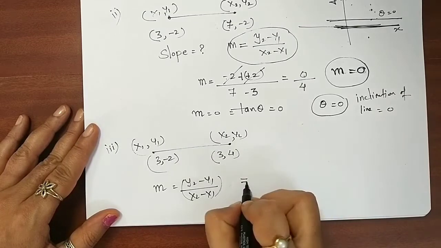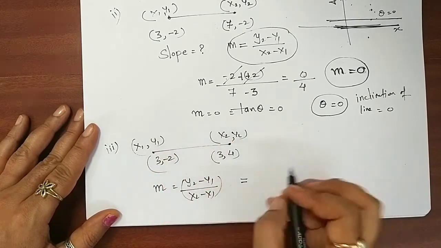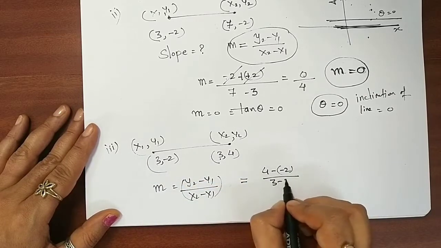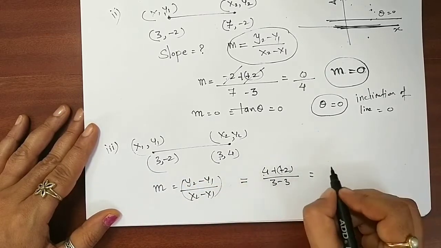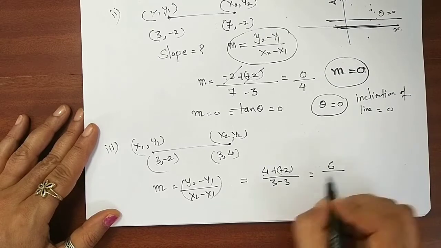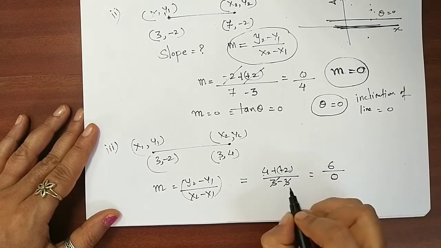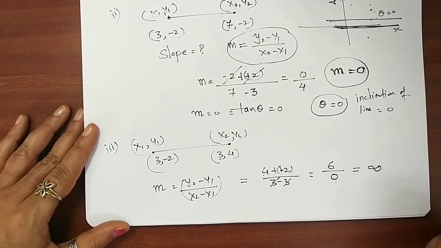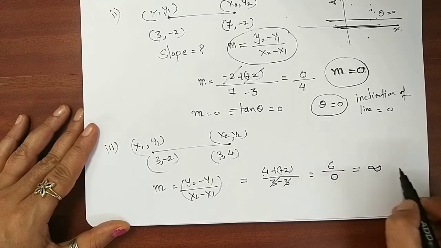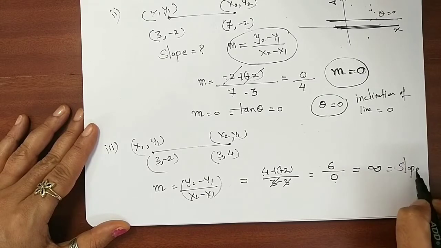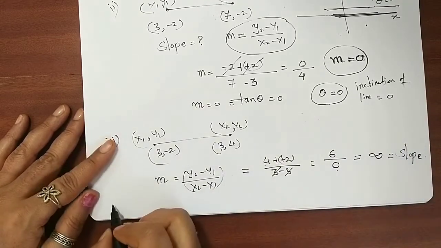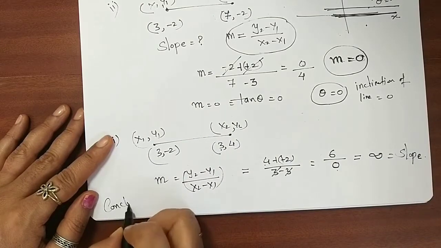Now I have to just fit the values. y2 minus y1 is 4 minus of minus 2, x2 minus x1 is 3 minus 3. This is cancelling. 4 plus 2 is 6 by 3 minus 3, which is 0. Anything by 0 is always infinity. Okay, understood? So this is my slope. This is my answer. But I can have one conclusion from here. What is that conclusion? Can you tell me?